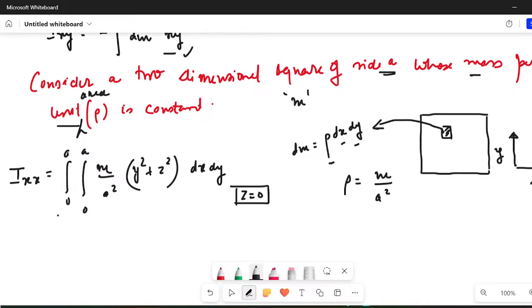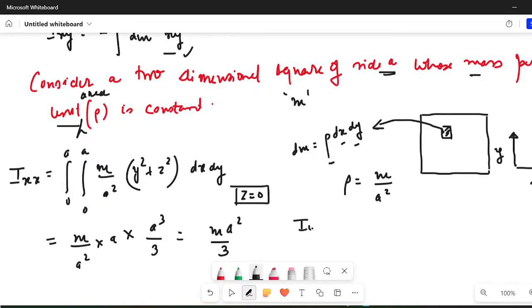So you are left with only y square, and the dx integral would give you a. So I'm writing m upon a square into a, and y square would give you y cube by 3, so it will be a cube by 3. So eventually you're going to have m a square upon 3. So your Ixx is m a square upon 3.